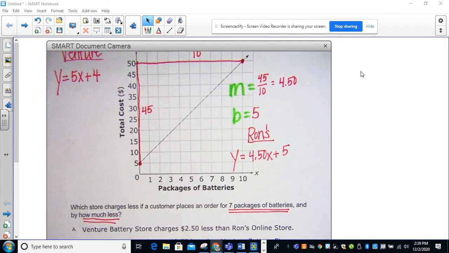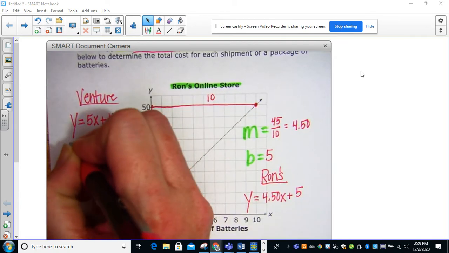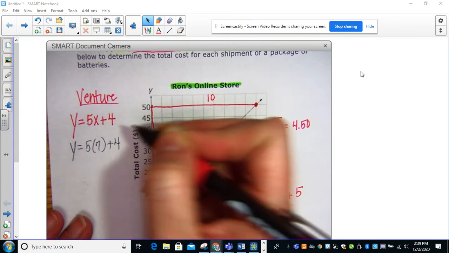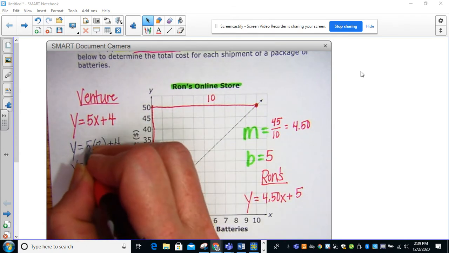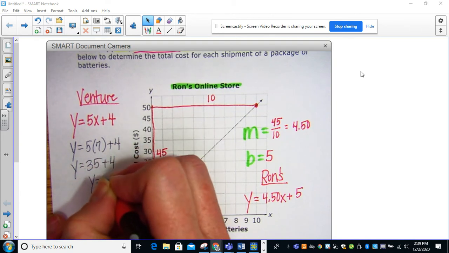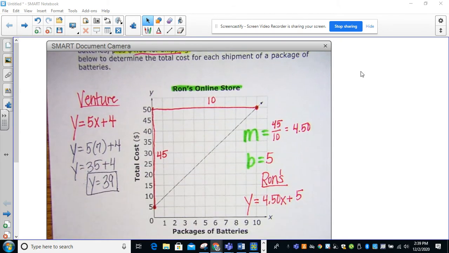So we're going to plug in 7 to both equations. So if I go up here to Venture, y equals 5 times your 7 packages plus your $4 shipping. 7 times 5 is 35, plus 4 is going to cost $39 at Venture for 7 packages of batteries.